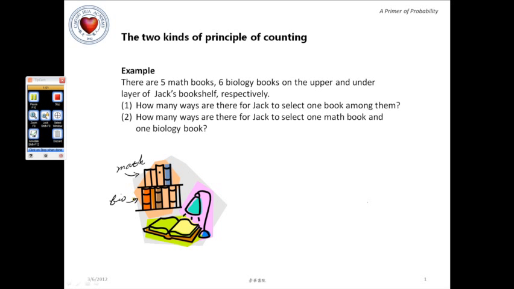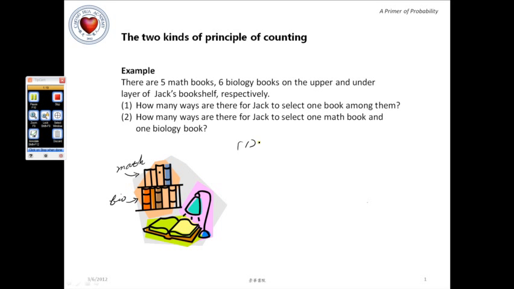First and foremost, let's focus on what Jack wants to do. For question 1, Jack just wants to pick one book, no matter what it is, maybe for relax, maybe for fun, whatever.